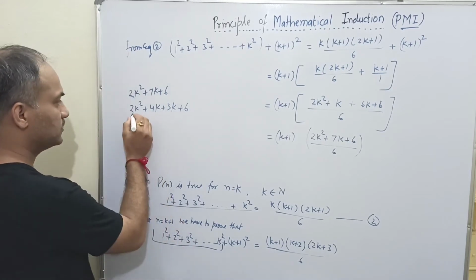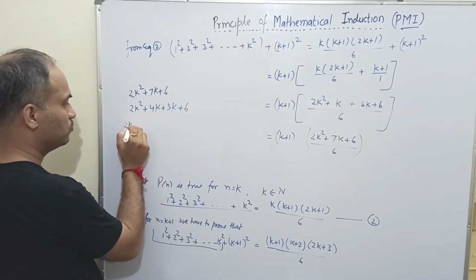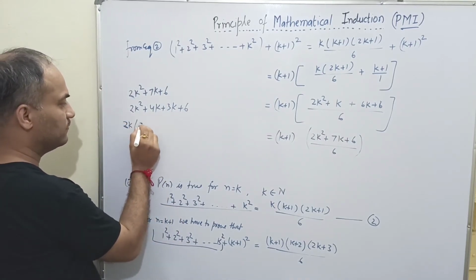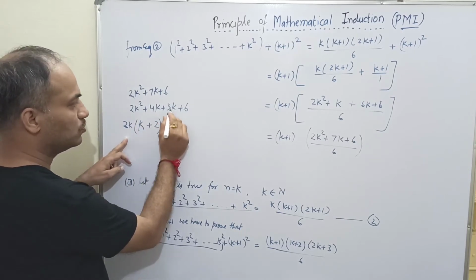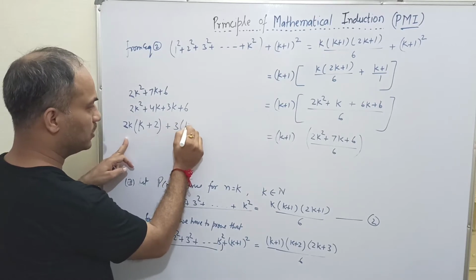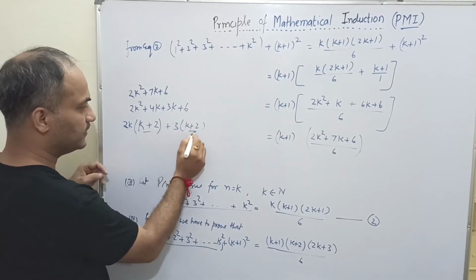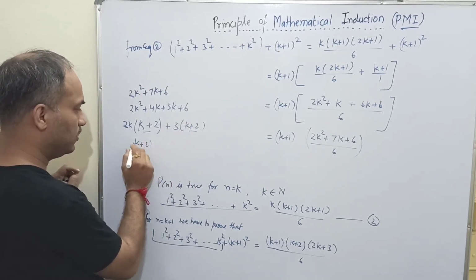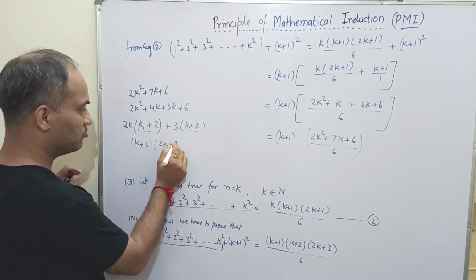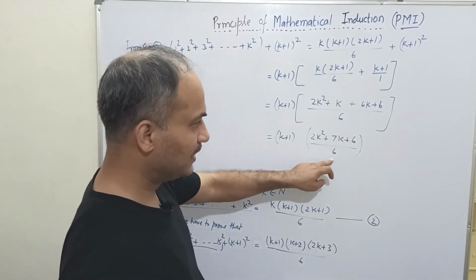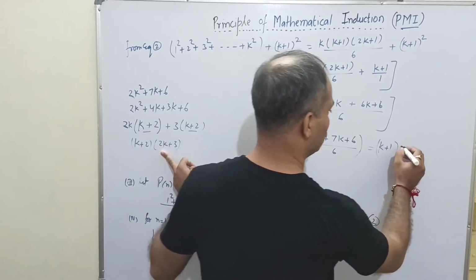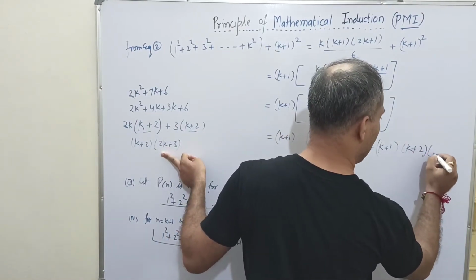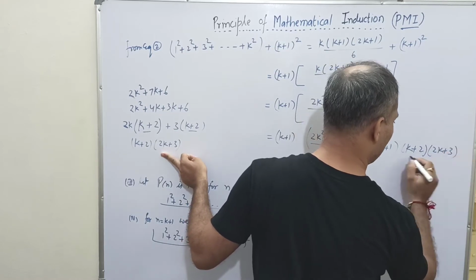Now take common. We have 2k common, so only k plus 2 is left. From here take 3 common, k plus 2. This value is the same, so take this value common. So we get 2k plus 3. So in the next step we can write k plus 1, k plus 2 and 2k plus 3 whole upon 6.